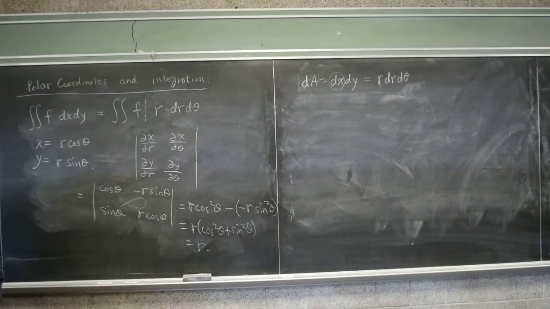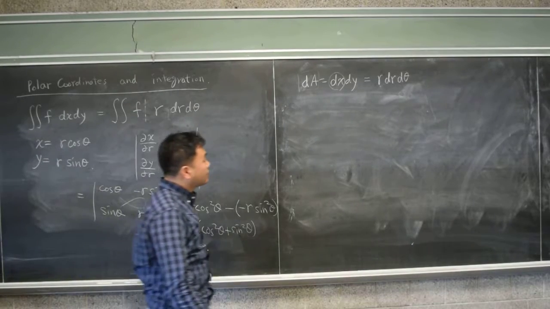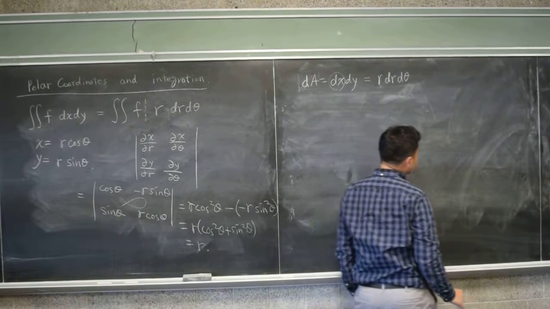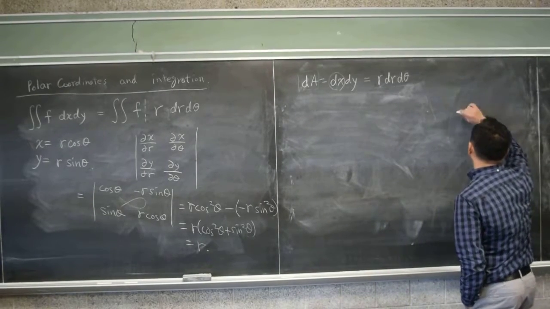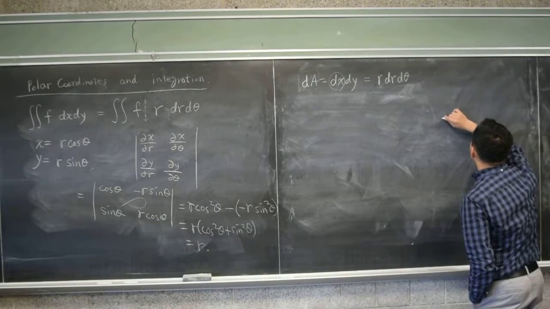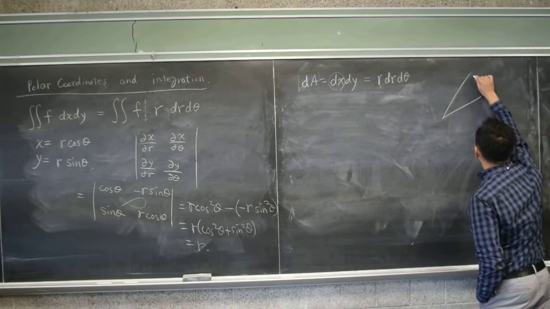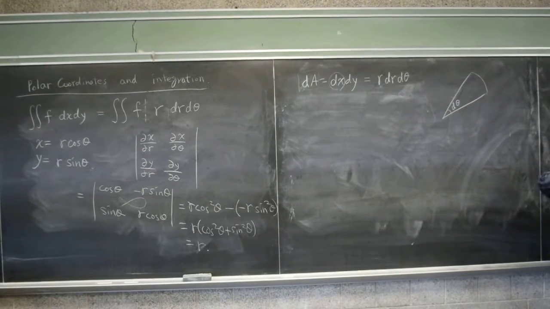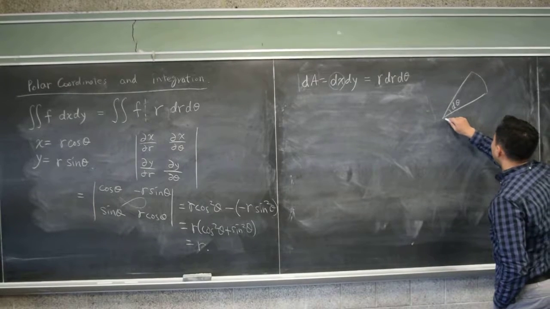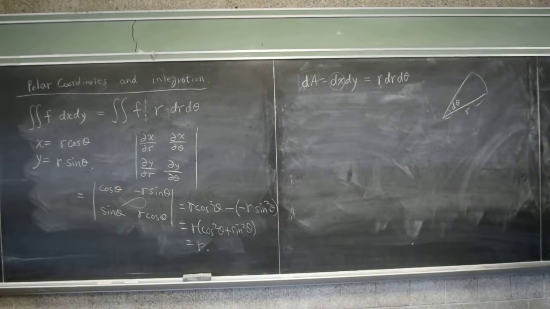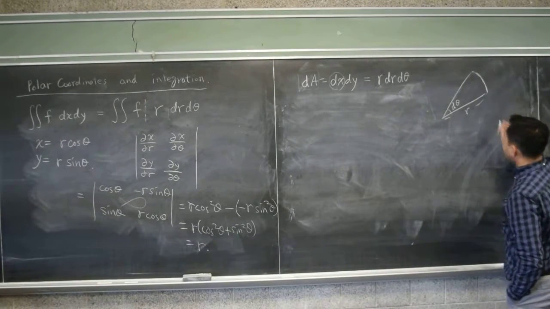And then here's another way to think about this quantity. All right. So I shouldn't have erased this, because that's really important. So if you have a very small increment in the angle, and let's say this length is r, right? Then think about what this length is.